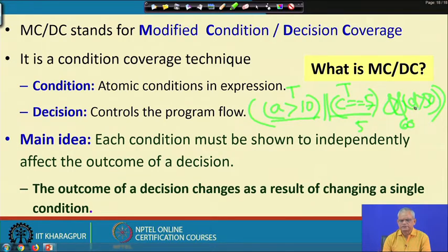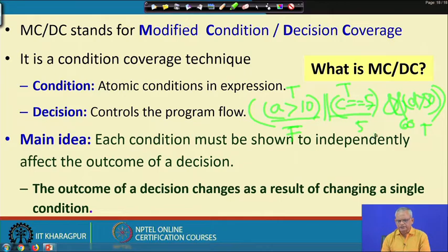Similarly, for the second clause, if we hold the other two at true values, let us say this is true and this is true, and as we toggle this second sub expression to true and false, then the outcome will toggle to true and false.